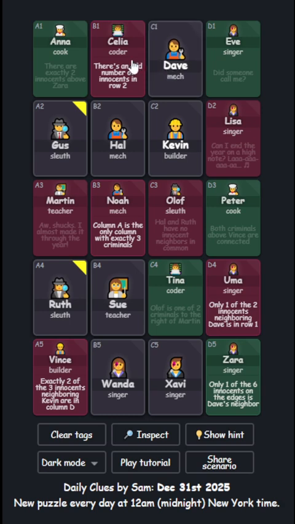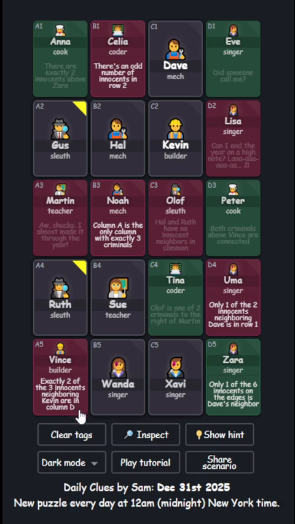So there's an odd number of innocents in row 2. It's either going to be 1 or 3. Can't really tell which just yet, but that'll probably be a thing once we start combining some information.